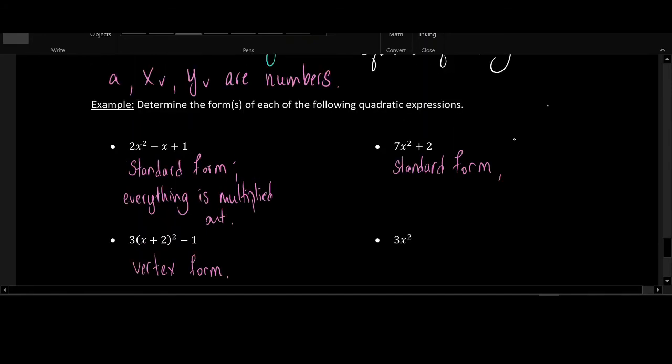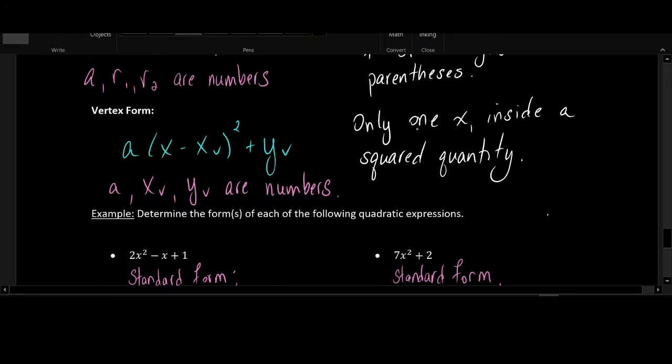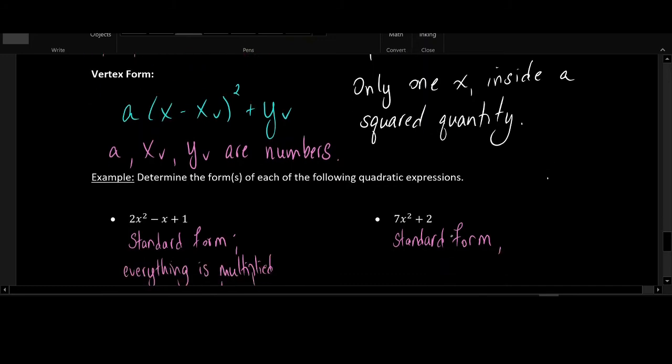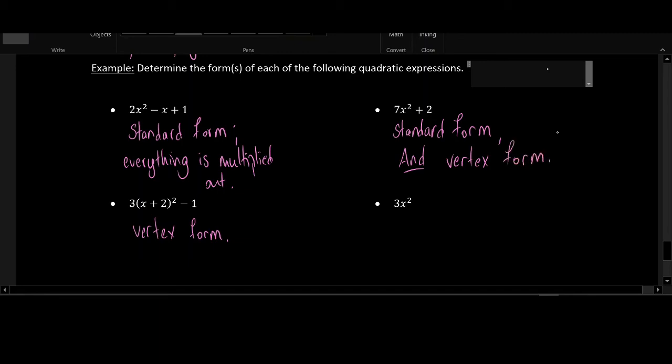But at the same time, we only see one instance of x in this expression, and that one x is being squared. It's inside of a squared quantity. So this expression is not just in standard form, it's also in vertex form. It is possible for an expression to be in two different forms at the same time.